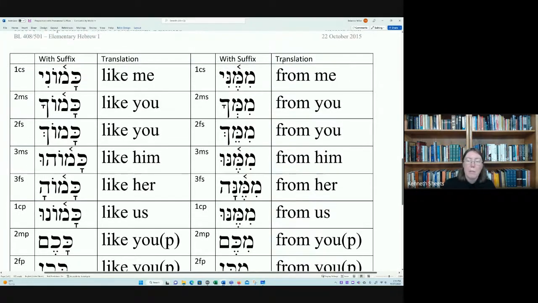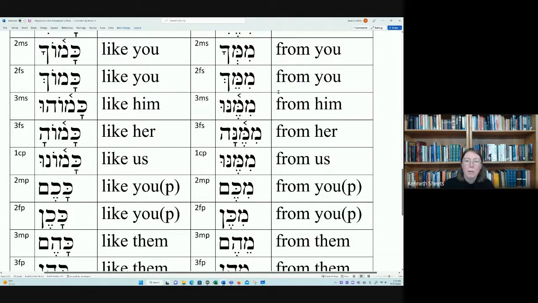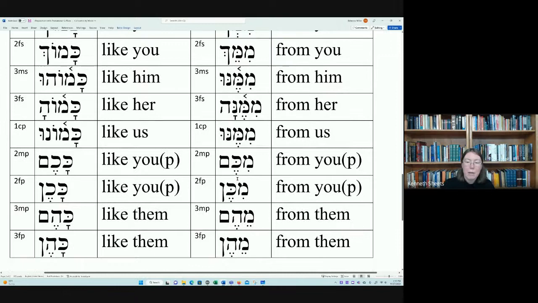And then as well, when we come over to the min preposition, that idea of "from," now we're going to have that doubling here as well. So you have memeni, from me; mimeka, from you; mimek, from you, feminine singular; mimenu, from him; mimena, from her; mimenu, from us; mikem, from you; miken, from you; mehem, from them, masculine plural; mehen, from them, feminine plural.